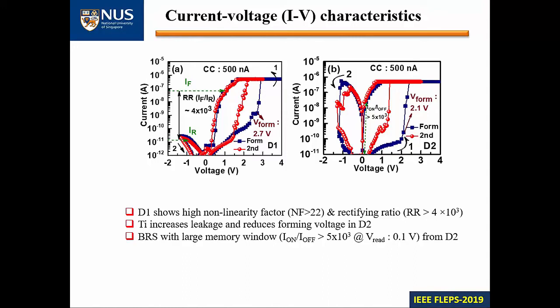Another important observation is that the reset current in D2 is much higher than in D1. So the bipolar resistive switching in D2 has been achieved, with a large memory window and a low CC level.